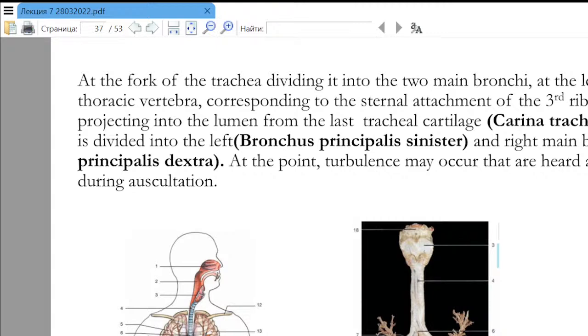Here the air is divided into left and right: the left main bronchus, bronchus principalis sinister, and the right main bronchus, bronchus principalis dexter. At this point, turbulence may occur that can be heard as breathing sounds during auscultation.